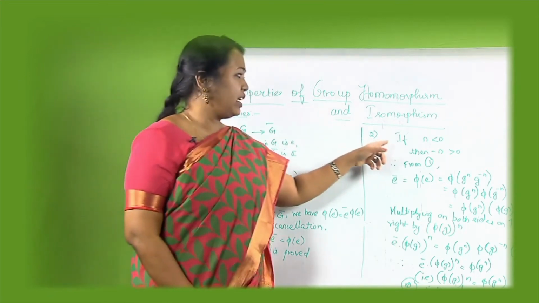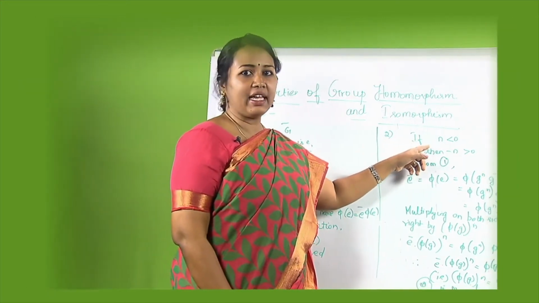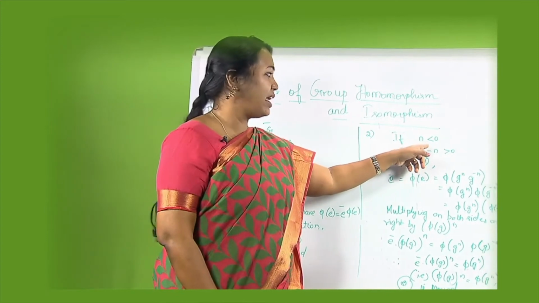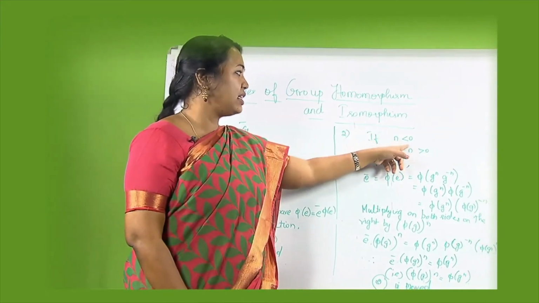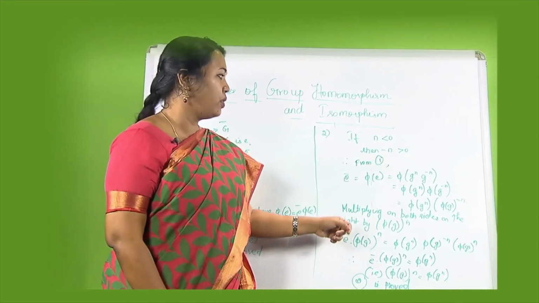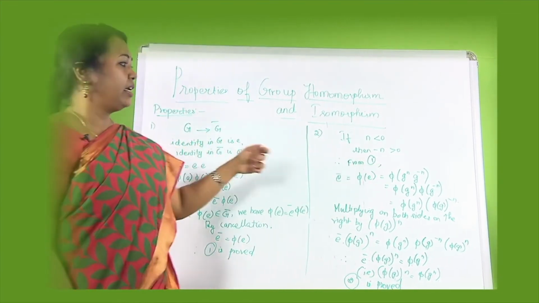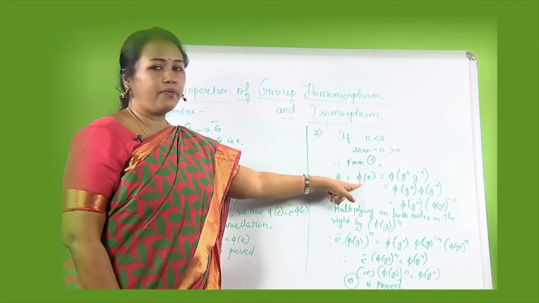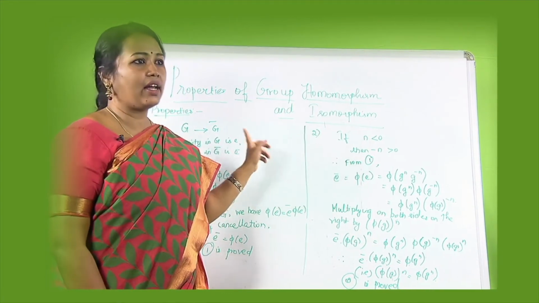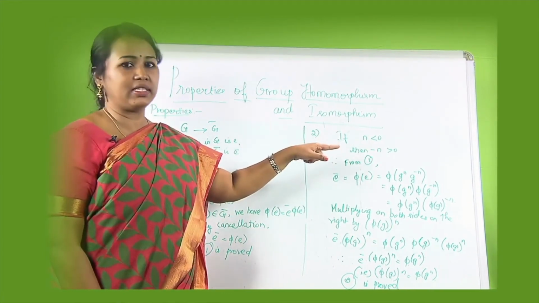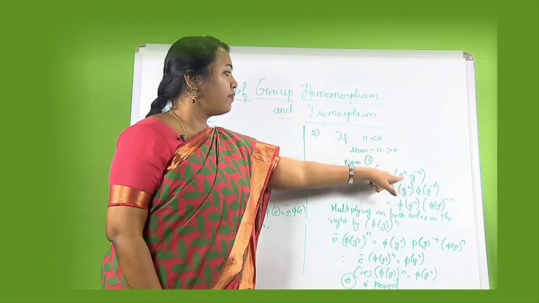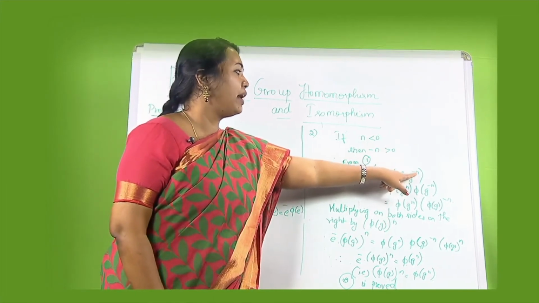The second property: if n is negative, then minus n is positive. So, n is less than 0, then minus n is greater than 0. Now, from the first property, e bar is equal to phi of e. Since we know that identities are mapped onto identities, that is equal to phi of g power n times g power minus n.